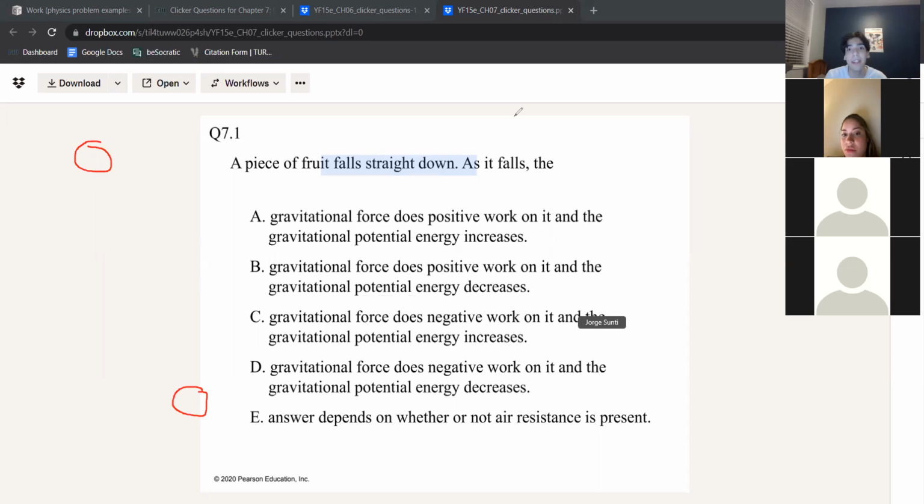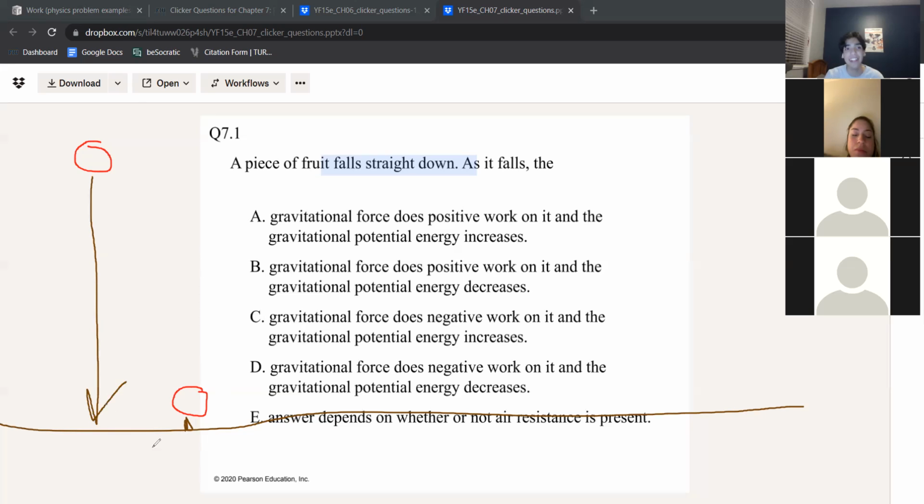Let me get a different color. Let's say I can draw it for you. This is the ground, right? The potential energy caused by gravity for this apple, let's just say it's demarcated by the distance. This is how much this apple can fall, right? Versus this apple falling, right?